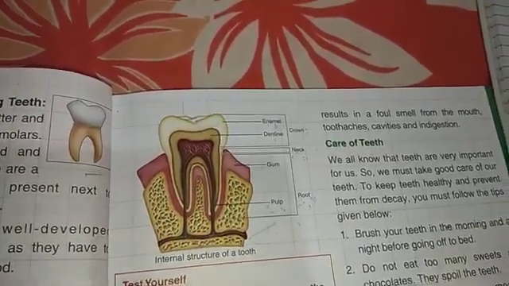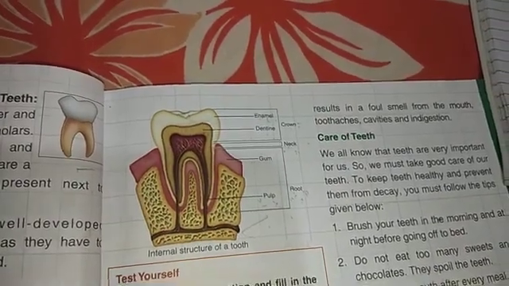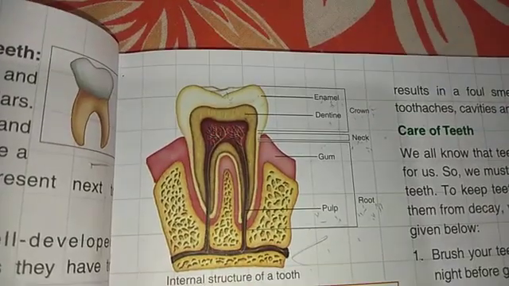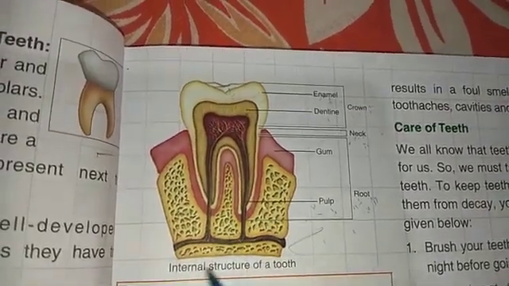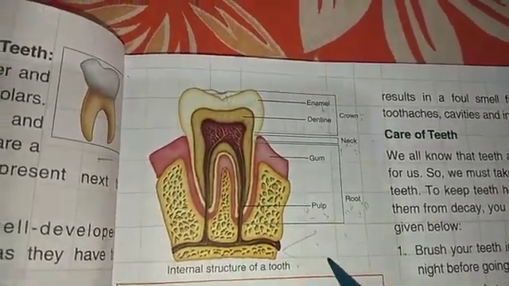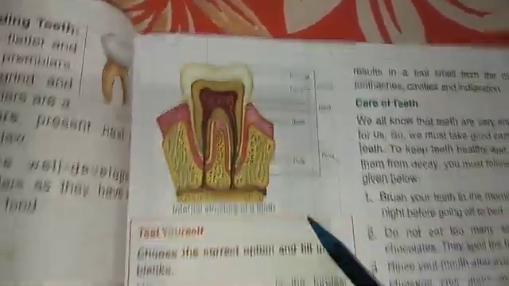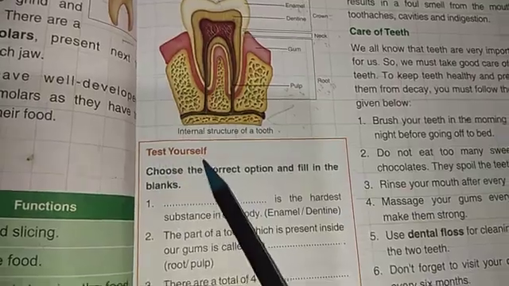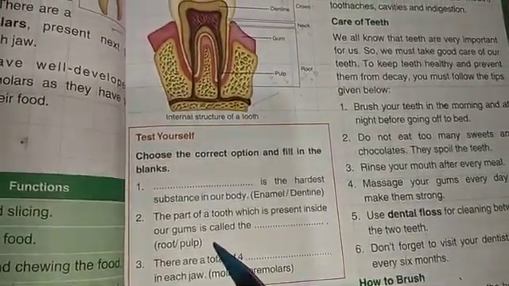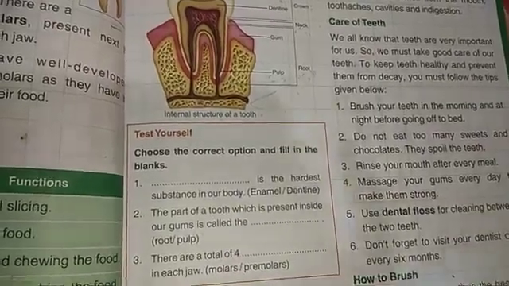When we have a toothache, a long root fixes the tooth in the jaw. Students, the internal structure of a tooth, you will draw this in your G-Science notebook and test yourself. This one also you have to do by yourself in your book.